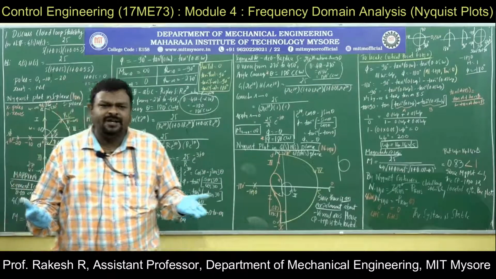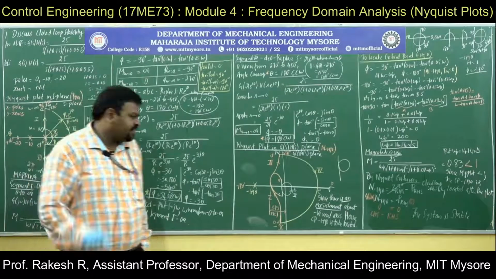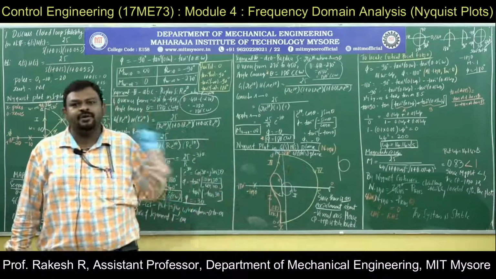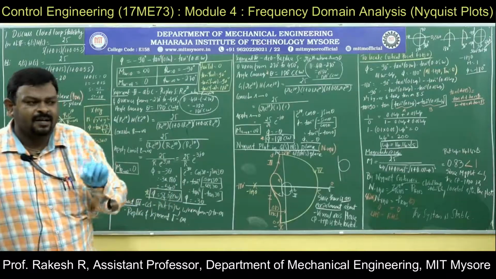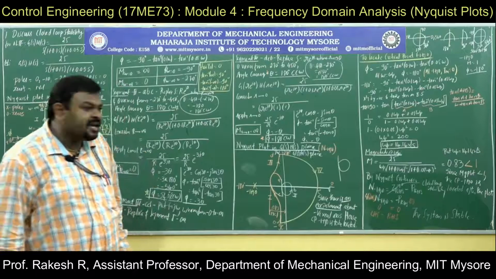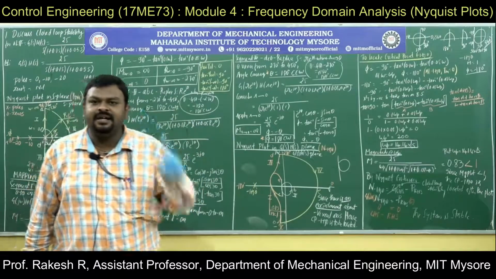Sir, at this point of time, I don't know what the critical point is. Because of which you need to check whether there is any encirclement about the negative real axis or not. If there is any encirclement, that means the segments will be crossing the negative real axis. Here, segment 1 and segment 3 are crossing the negative real axis.